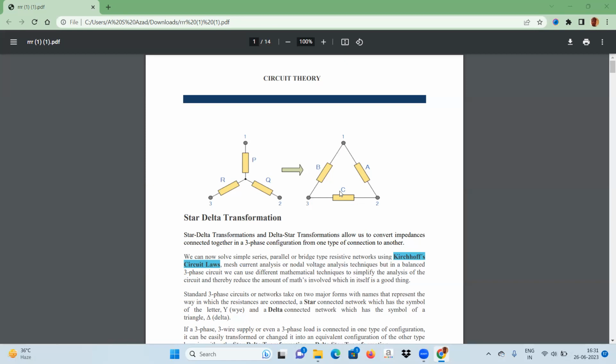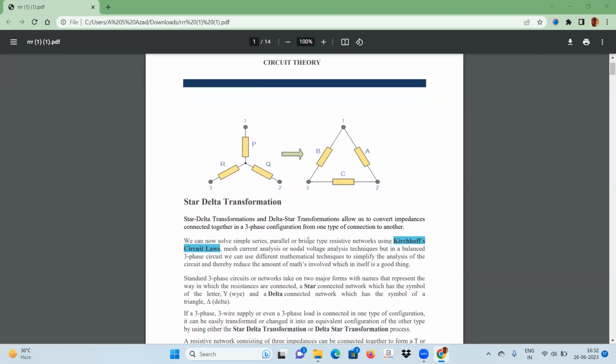You can see in the delta connection there is a circular path. By this circular path, harmonics circulate in the delta connection, and by circulation, the higher order harmonics cancel out.